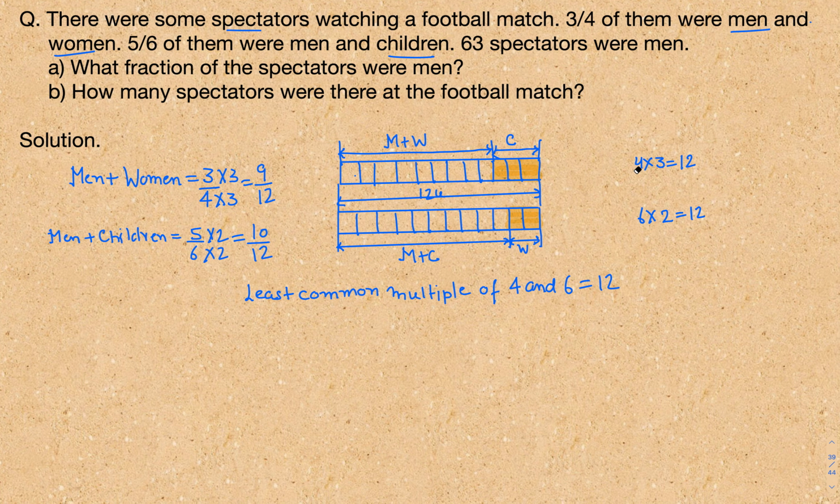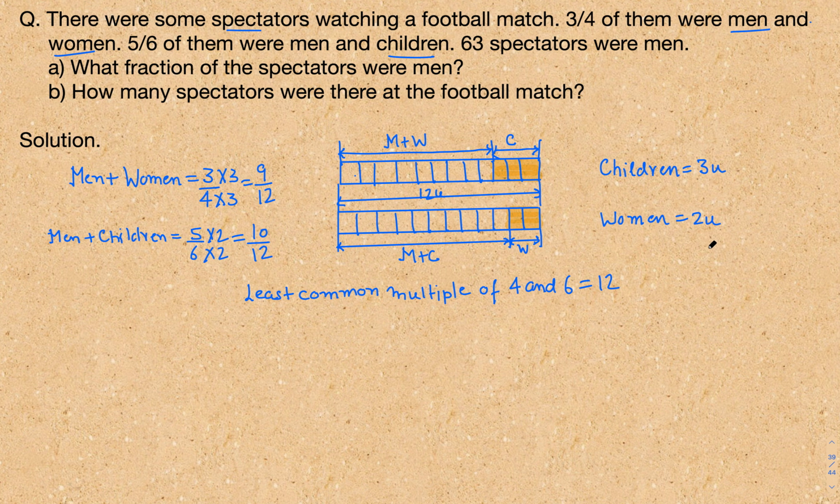So what do we get from here? Let's write it. From here we can infer that the units of children is 3 units, and the units of women will be 2 units.